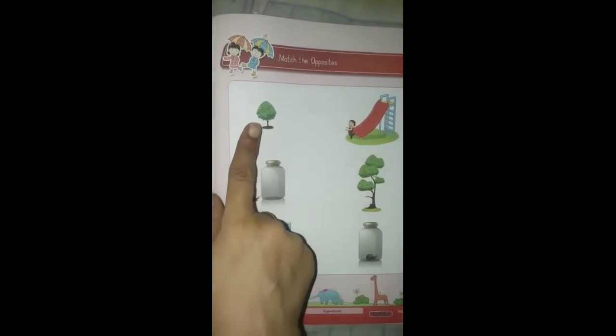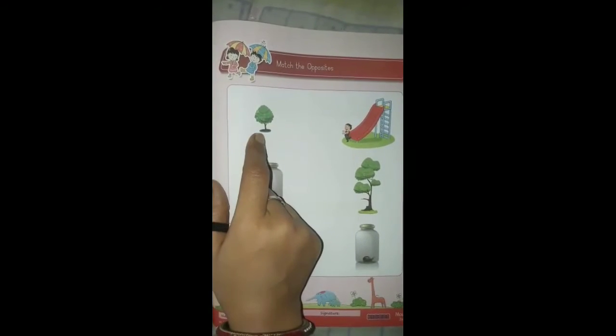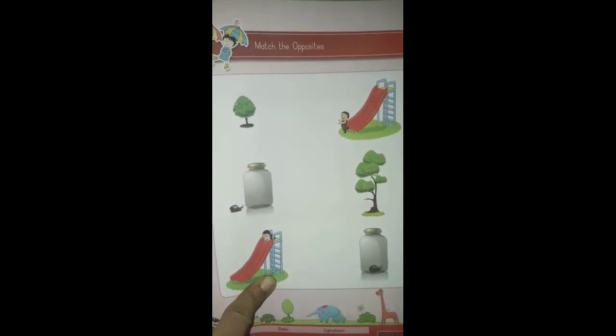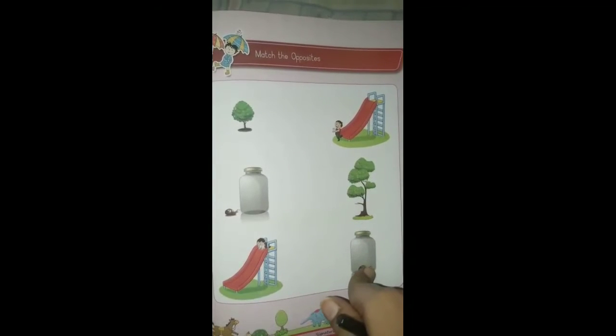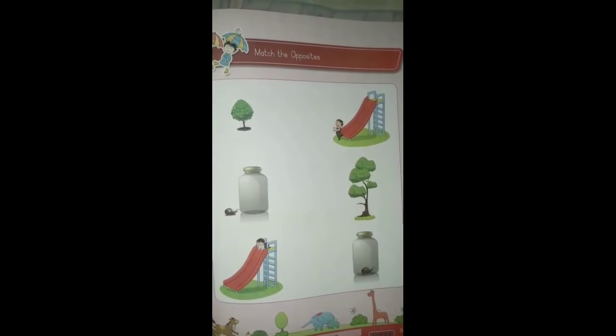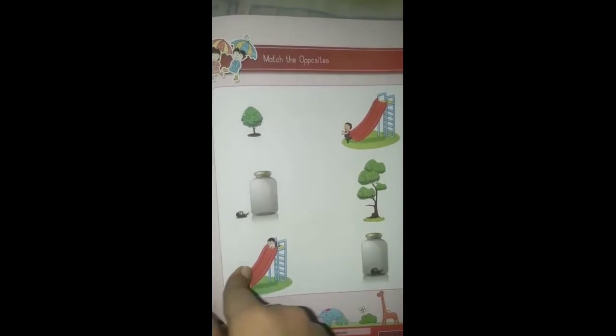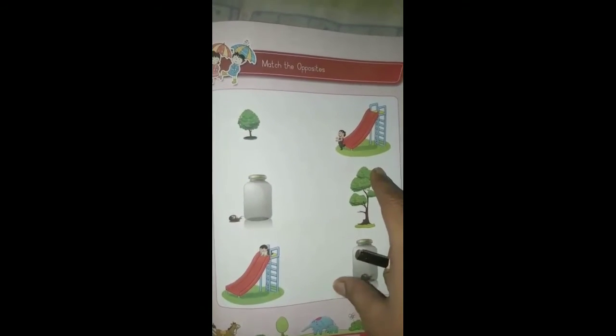Match the opposite. Here are some pictures and here are also some pictures, but you can see here that some pictures are small and some pictures are big.